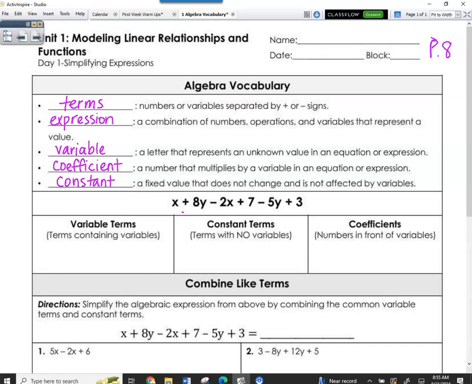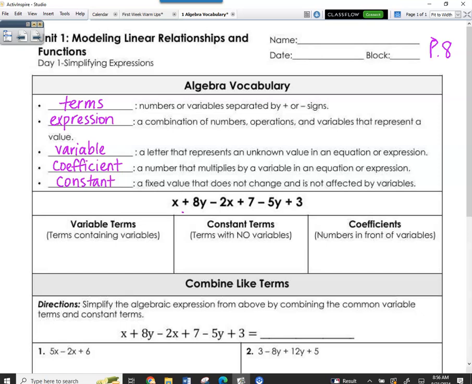Any terms with variables. There should be 4 here, 2 here, and then 4. Now I want you to turn to a neighbor and compare answers. No, but what's in front of X?